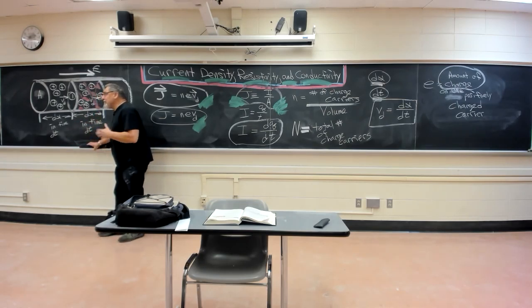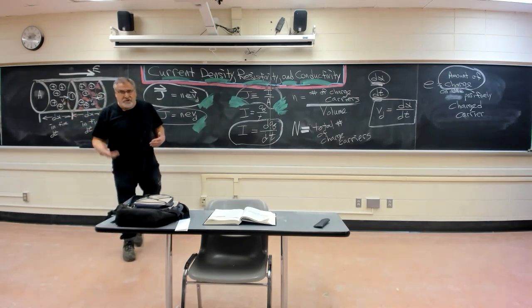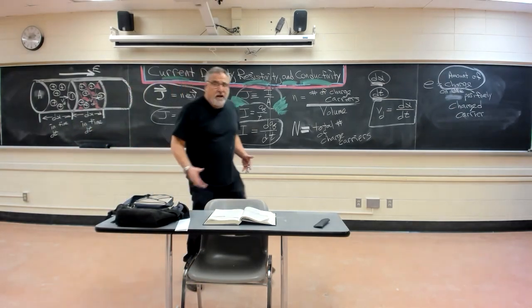In other words, all that charge per unit time passing a particular cross-sectional area in a somewhat orderly fashion at a speed of v sub drift velocity, v sub d.